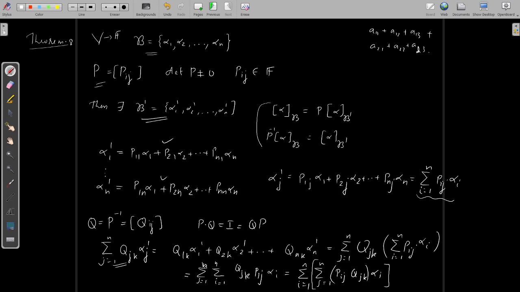When you add them, you get a11 plus a12 plus a13 plus a21 plus a22 plus a23. This sum is the same as a11 plus a21 plus a12 plus a22 plus a13 plus a23. These two sums are the same.